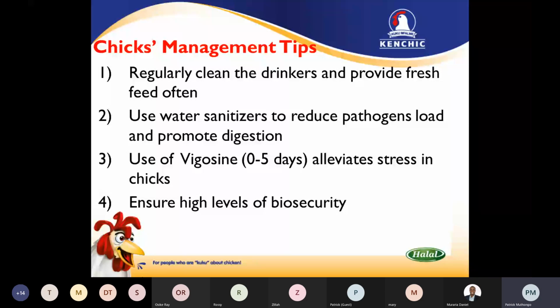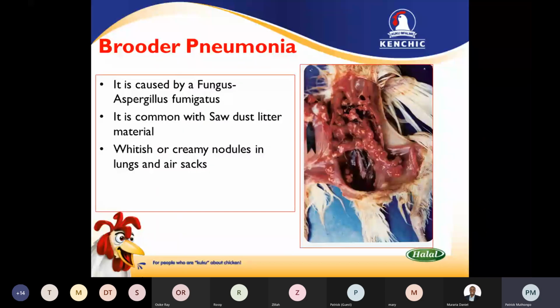So these are a few images of what you could observe or some of the causes of chick mortality. So this is brooder pneumonia, mainly caused by what we call aspergillus, a fungus, coming from maybe the wood shavings. It's very common with the sawdust litter, especially wakati ambao haijakauka vizuri.